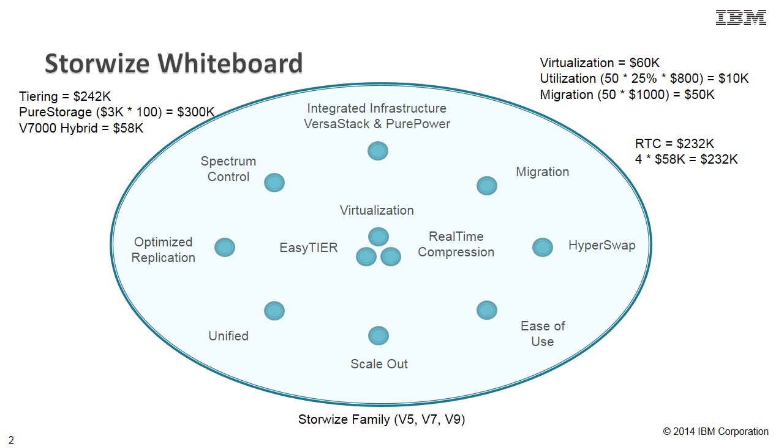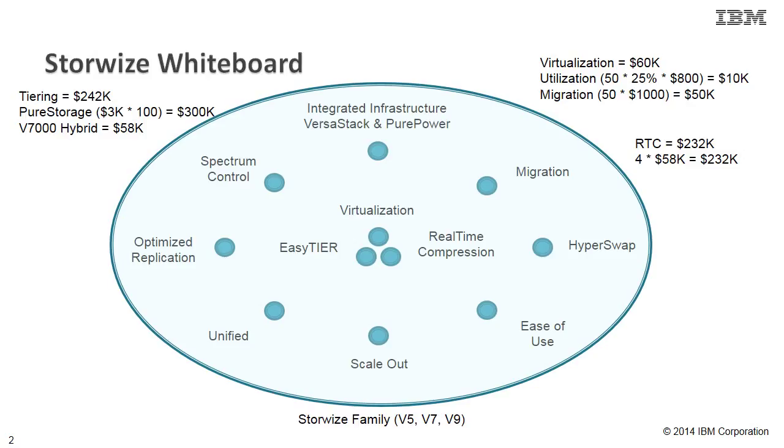Finally, I would say this. If you encapsulate all of these features, these are all available across an entire family of products, from V5000 to V7000 to V9000. Now, real-time compression is available on the V5000, but the bottom line is our entire Storwize family, including SVC, is all built on the same time-proven code.